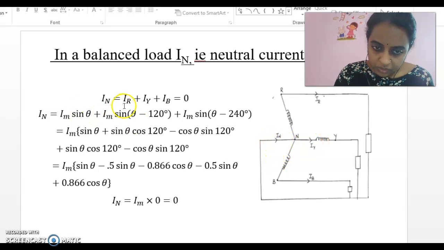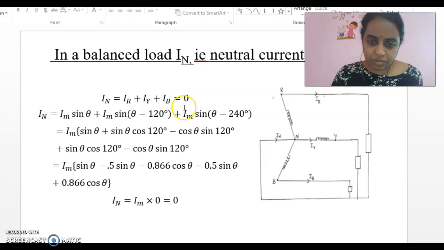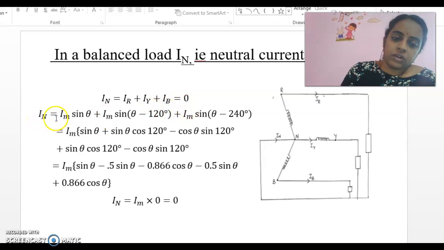So IN equals IR plus IY plus IB. We know IR is Im sin theta, IY is Im sin of theta minus 120 degrees, and IB is Im sin of theta minus 240 degrees, 120 degrees apart. Solving this, we get IN equals Im into 0, that is equal to 0.